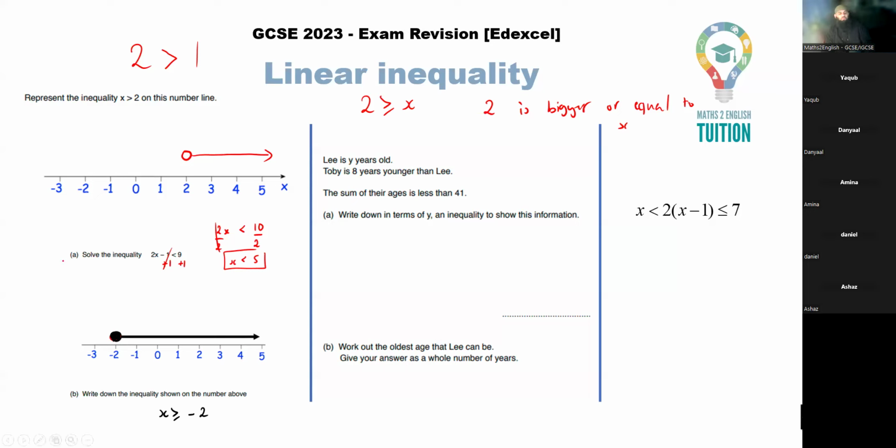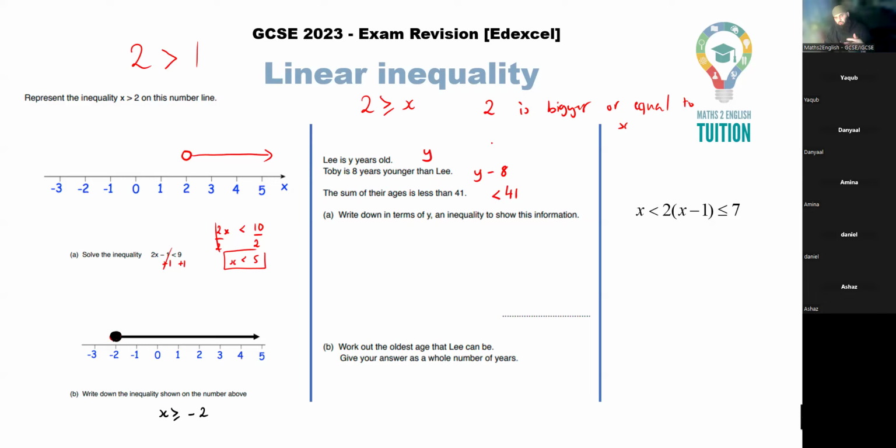Now, how can we form an inequality? For example, it says Lee is Y years old, Toby is 8 years younger than Lee, so Y minus 8. The sum of the ages is less than 41.